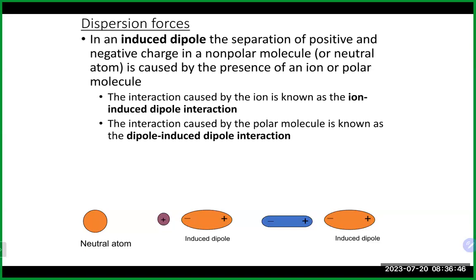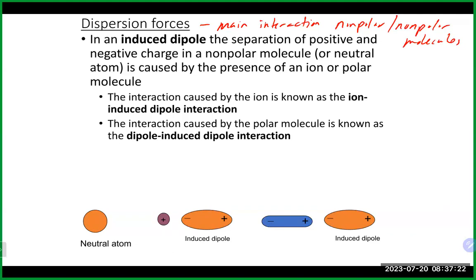They use some type of dispersion forces. Truthfully, everybody can use dispersion forces in some aspect or another, but dispersion forces are really the main interaction for non-polar molecules. And really, they are the weakest interaction.